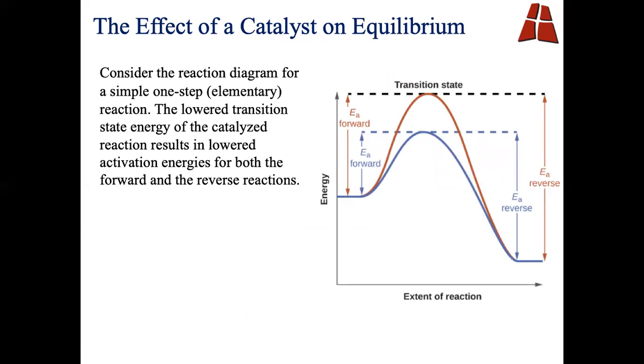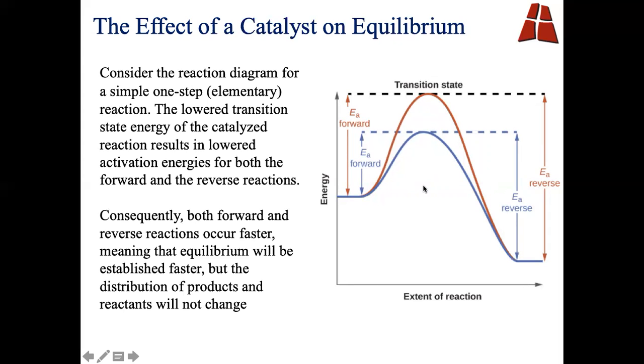Okay, we've also talked about catalysts in chapter 12, and so a reminder that a catalyst will lower the activation energy of a reaction. This is essentially just a review of that, but it is also to say that both the forward and reverse reaction rates will occur faster, which means that our equilibrium will be established faster.